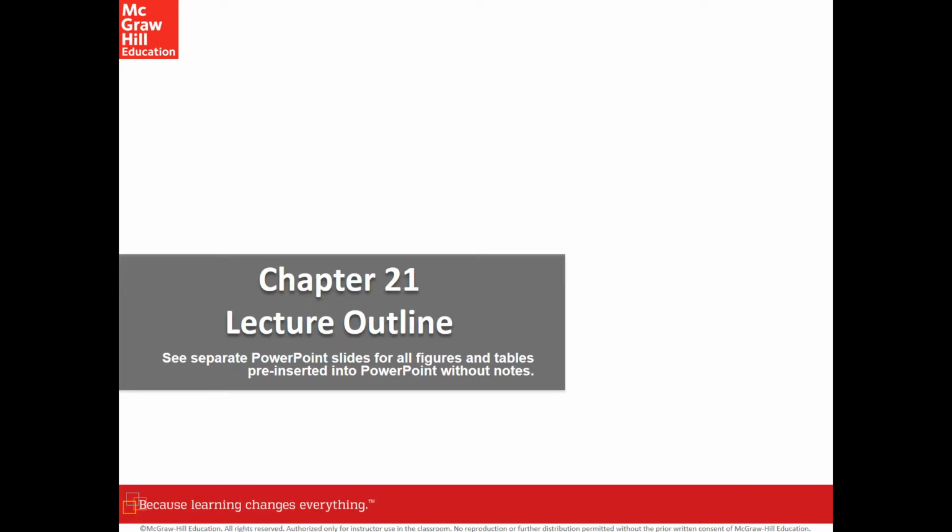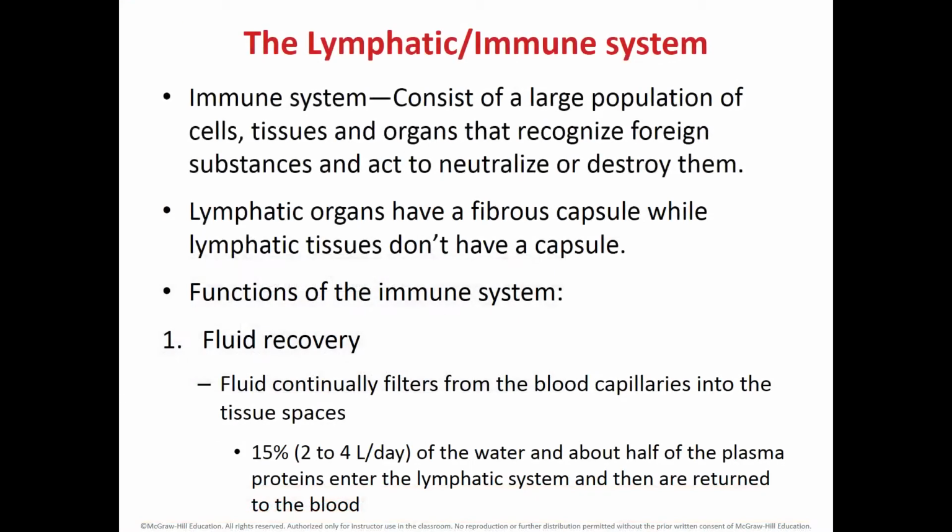Chapter 21 is about the lymphatic system. The lymphatic system is also known as the immune system because they have essentially similar functions.